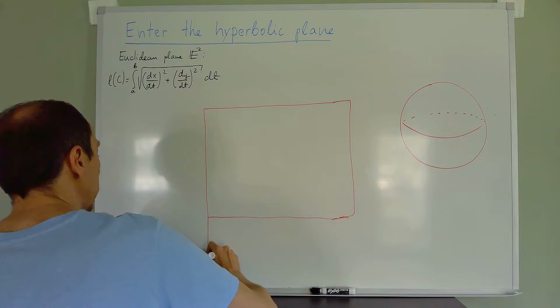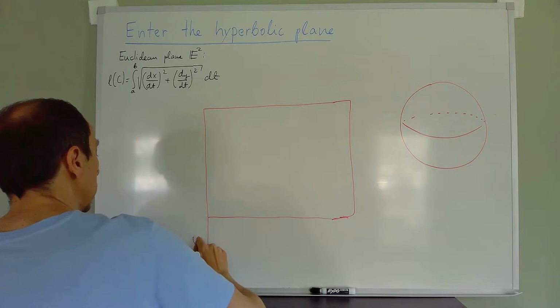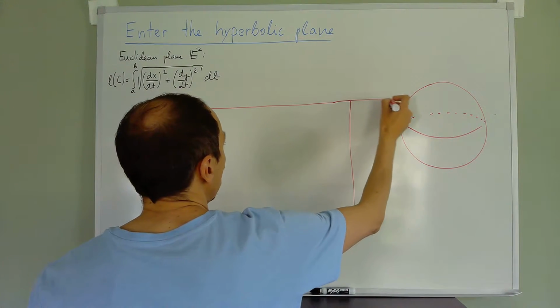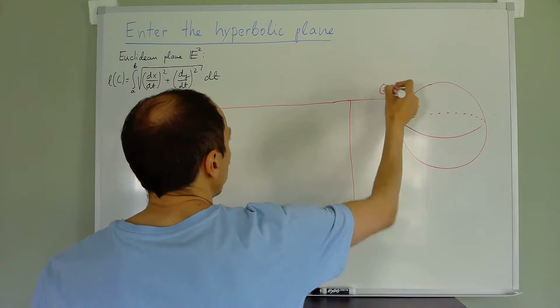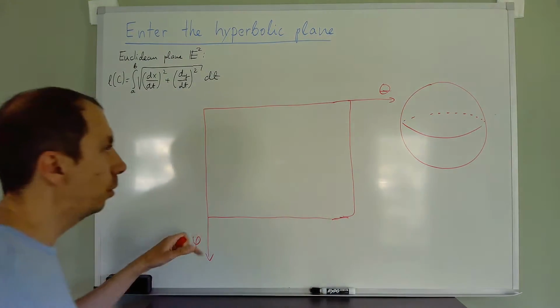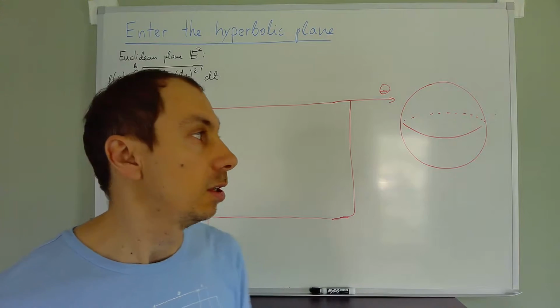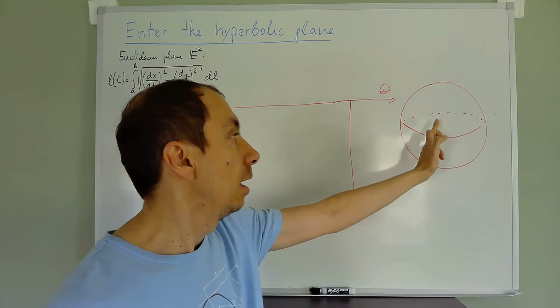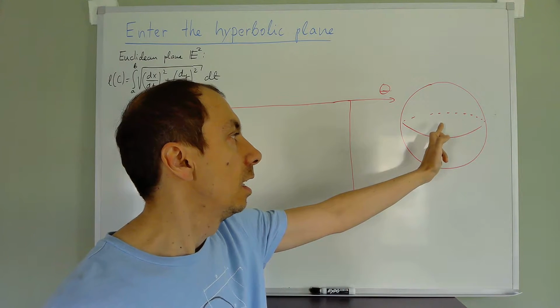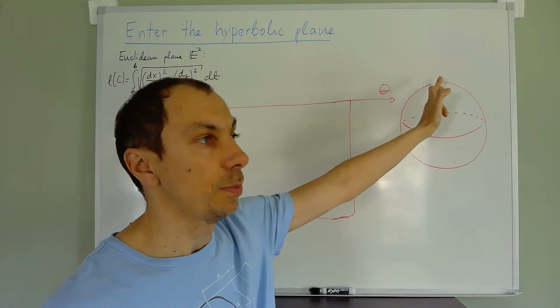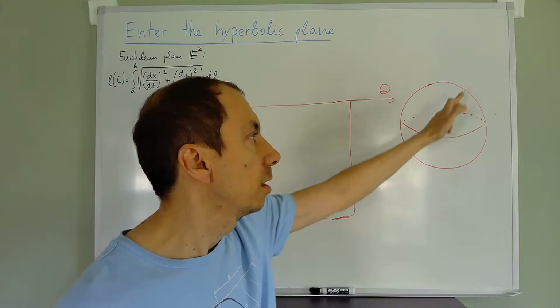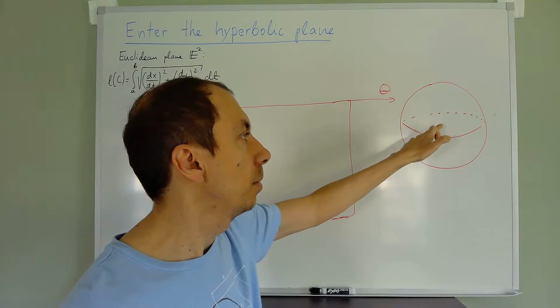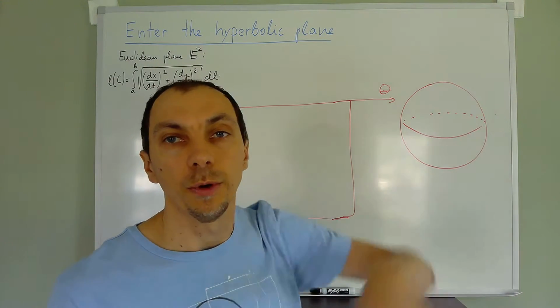Here, I put the spherical coordinates, and phi was pointing down, while theta was pointing to the right. Why is phi pointing down? Well, that's just a convention, because phi is the angle between the line that connects the center of the sphere with the North Pole, and the line given by the center of the sphere and the point on the sphere.